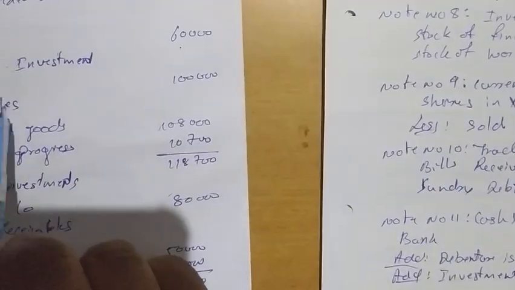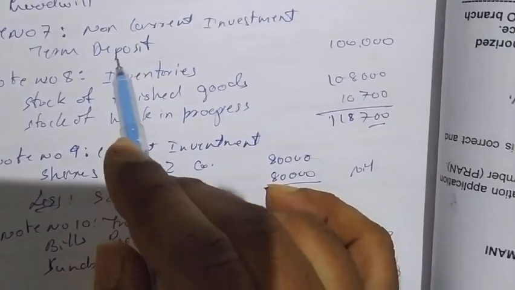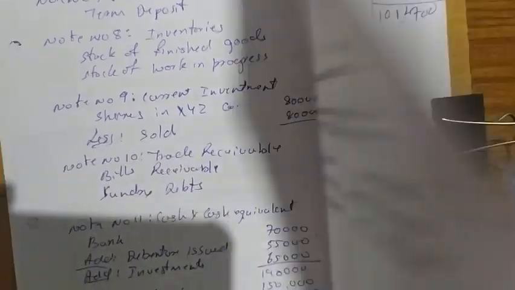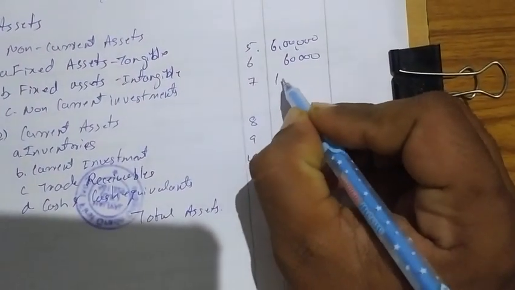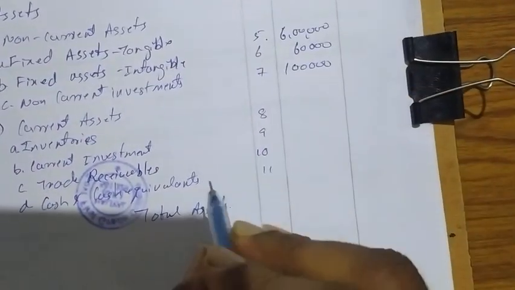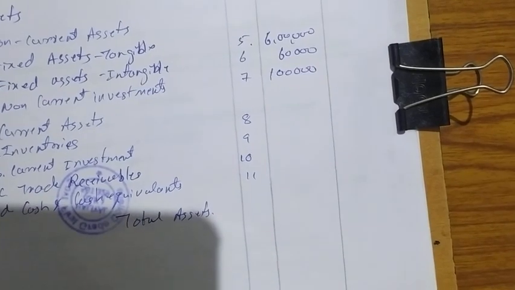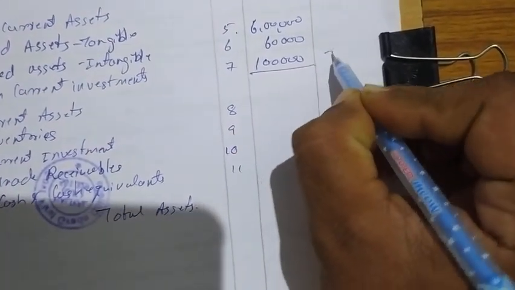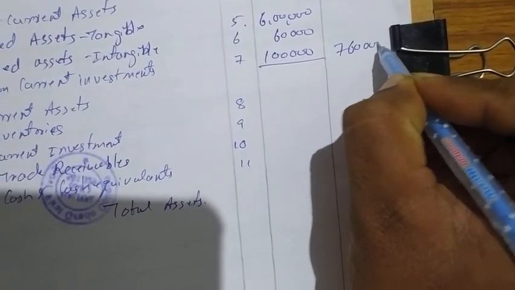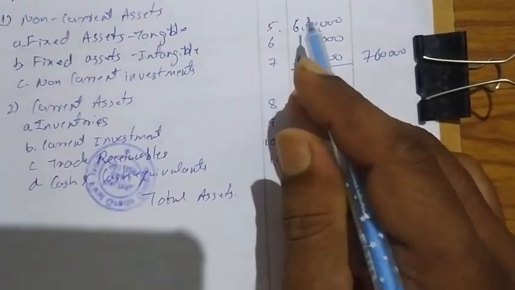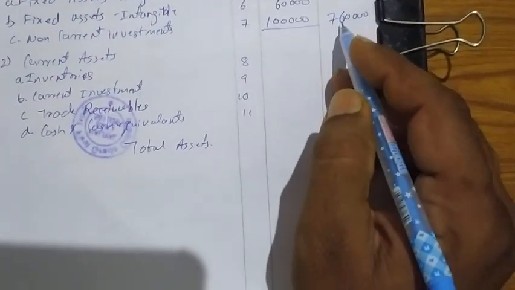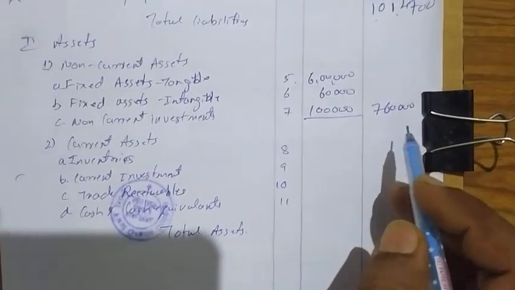Then term deposit 1 lakh, and here also 1 lakh rupees. So 60,000 intangible asset, 1 lakh non-current investment. So total 7,60,000. No changes have been made in non-current assets, so it remains 7,60,000.